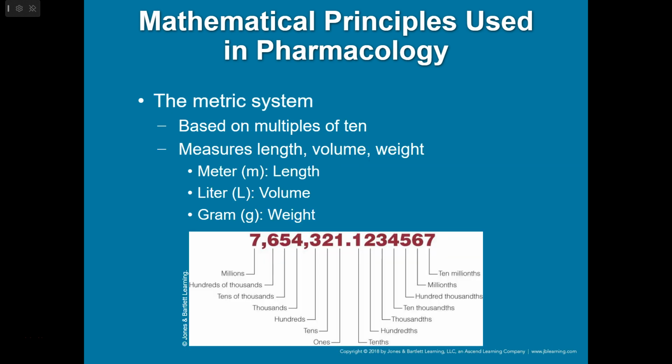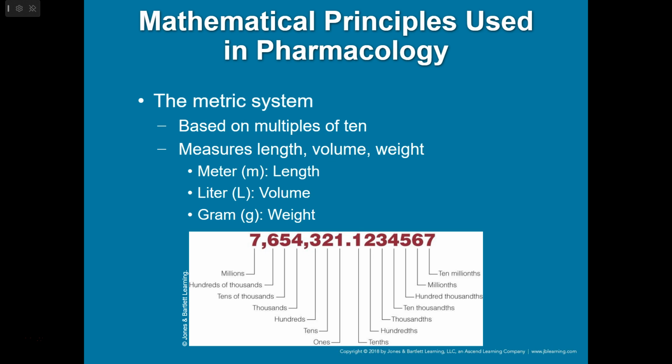The metric system, based on multiples of 10, measures length, volume, and weight. There's a nice little figure there that shows you all that. Tenths, hundredths, thousandths, all that. Everything length-based is going to be in meters, kilometer, meter.